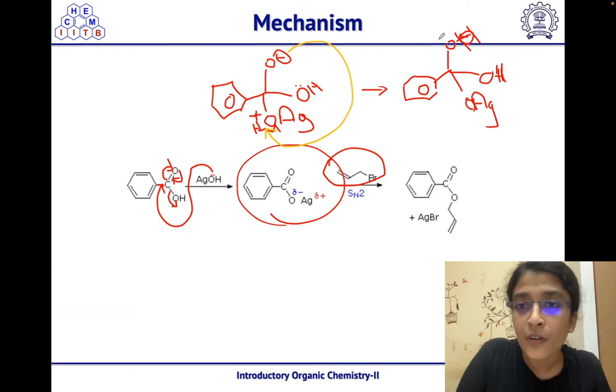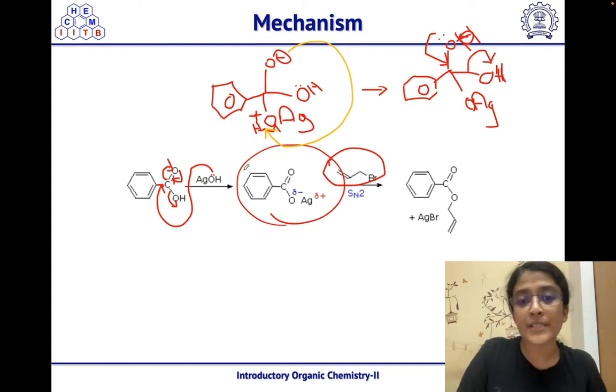Now when this falls back, this hydroxyl group will eliminate, and it will lead to formation of this species.